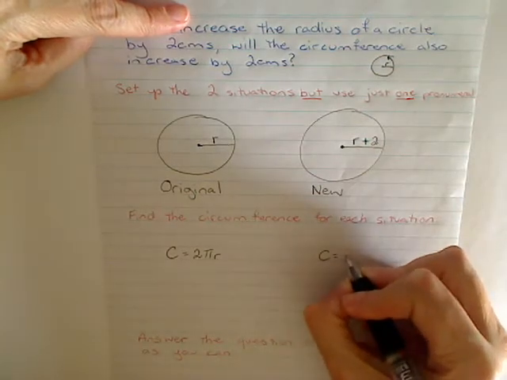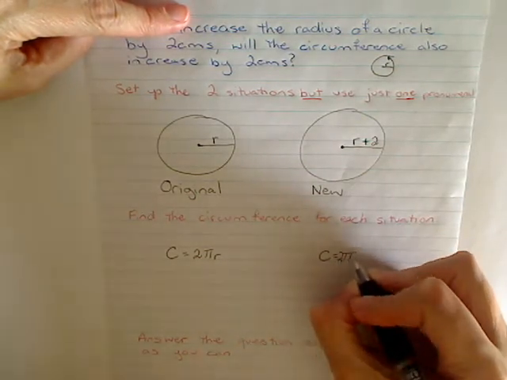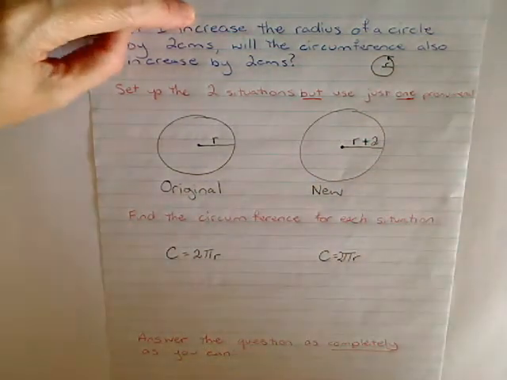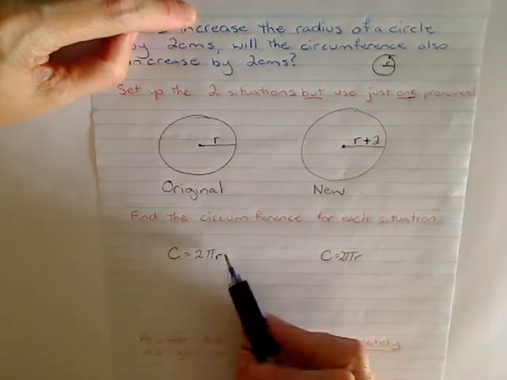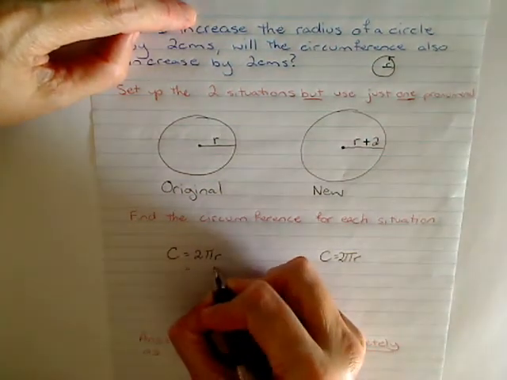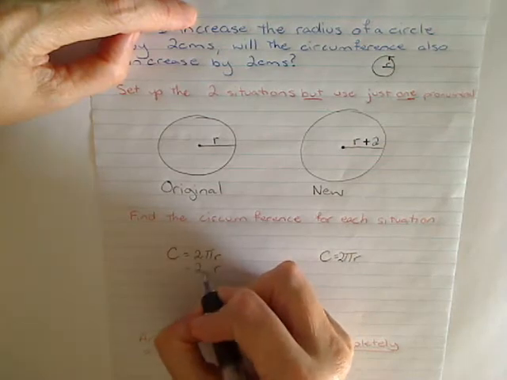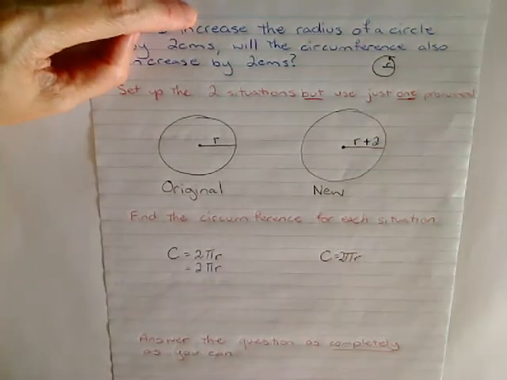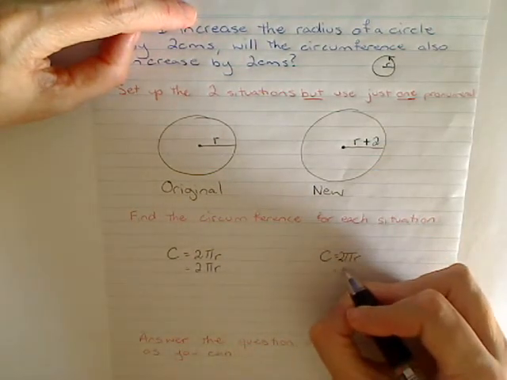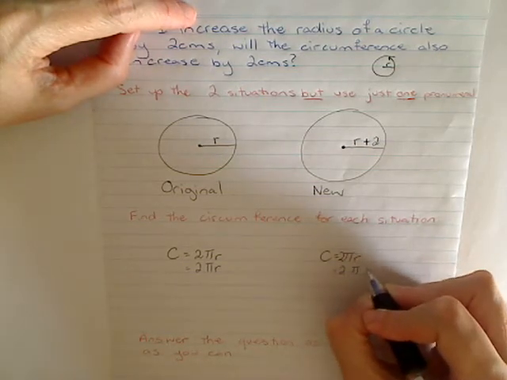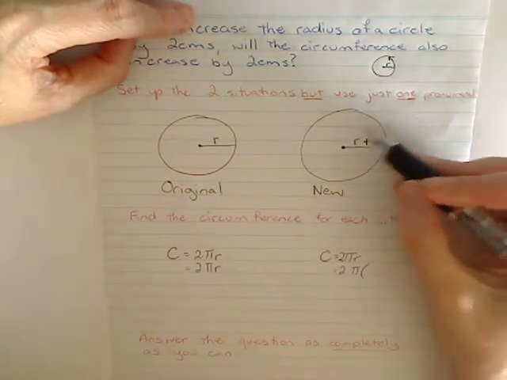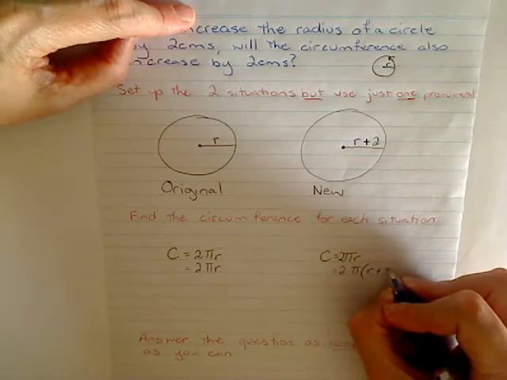I'm also going to do the same calculation, 2 pi r, over here. Now my radius in this case is just plain old r, 2 by pi by r. But in this situation I've got 2 by pi by a bigger radius, r plus 2.